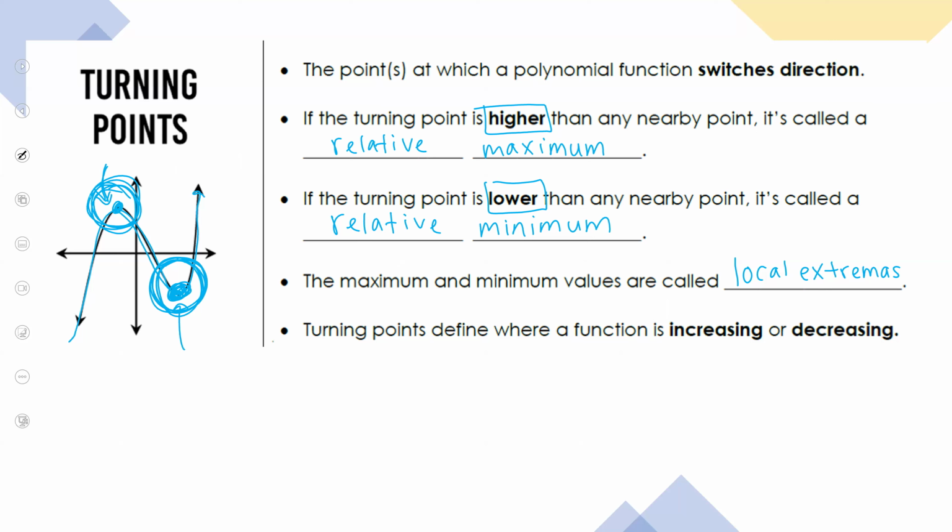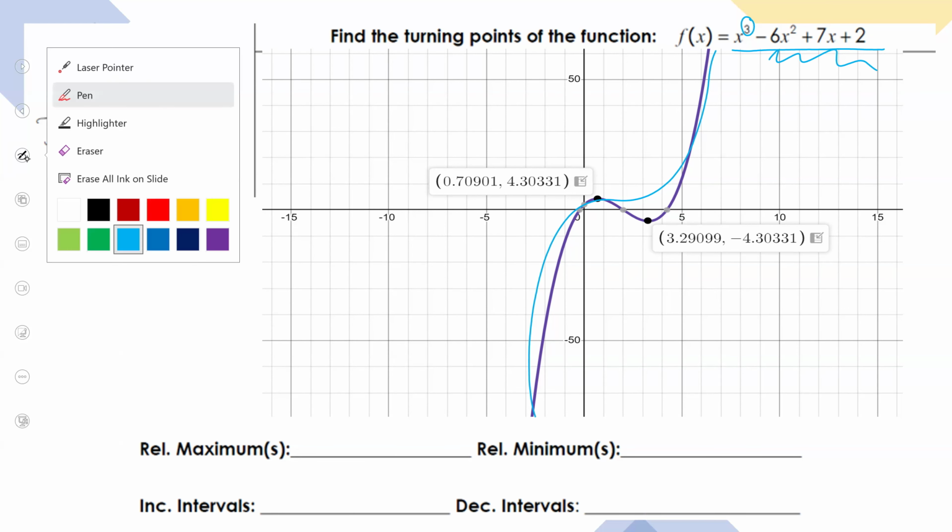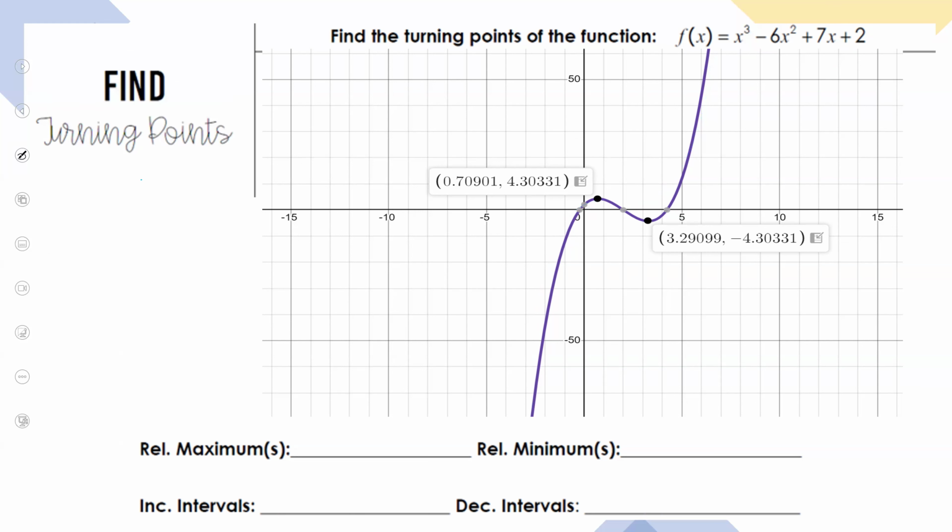Okay, so now let's look at increasing and decreasing points or areas. So let's talk about where the graph is increasing or decreasing. So let's look at this first example. This is your function up here. Notice your degree is 3. That's odd, so it's going to look similar to what we drew earlier. Okay, it has all this other stuff behind it, so it turned a little bit wavy, but it has that general shape. Okay, so this is our graph.